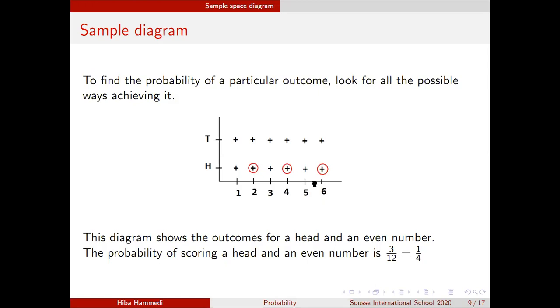So 3 possible outcomes over 12, the total possible outcomes that I have. 3 outcomes that verify the criteria of the event, divided by the total number of possible outcomes in this experiment. So I can simplify the fraction, and it will be 1 over 4, since I can divide 3 by 3 and 12 by 3.